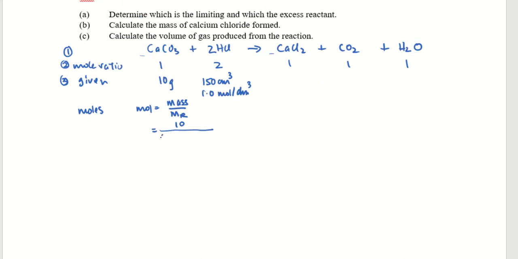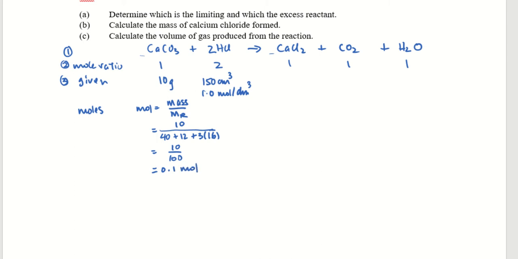We know that calcium is 40, carbon is 12, oxygen is 3 times 16 because there are 3 oxygens. Therefore this will be 10 over 100, giving us 0.1 mole of calcium carbonate.